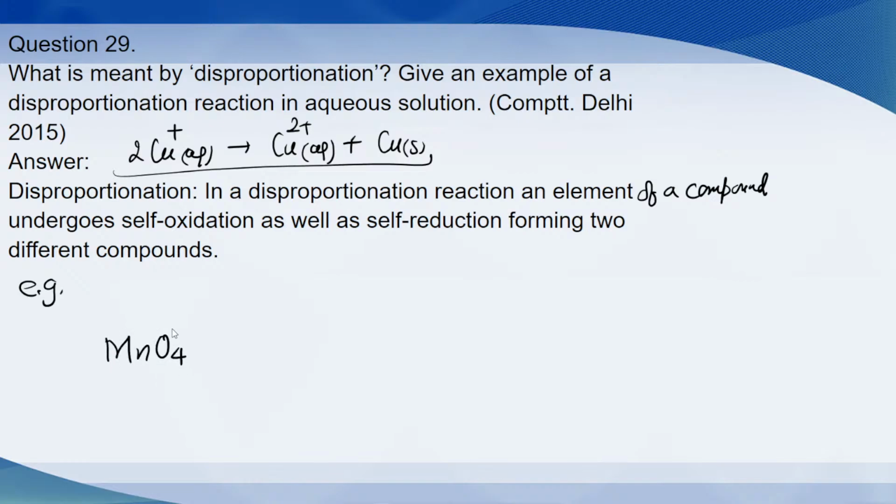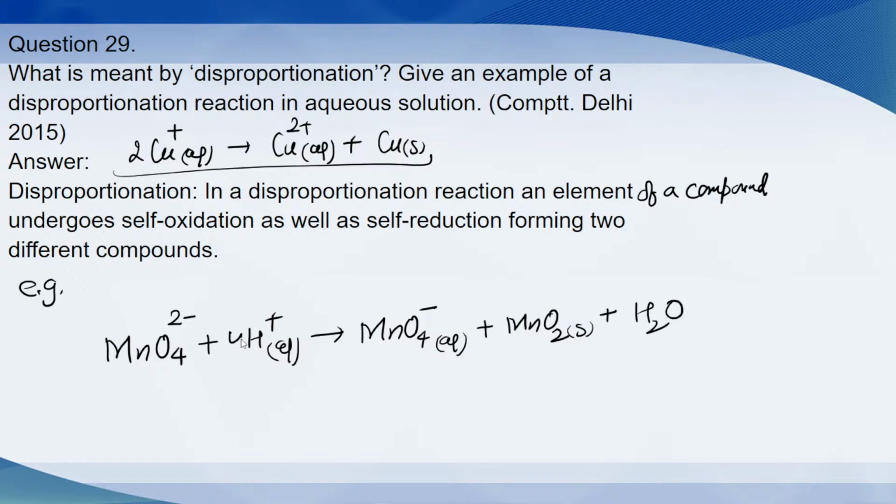MnO4 2 negative in acidic medium changes into MnO4 1 negative and MnO2. So just balance it. It is like this.